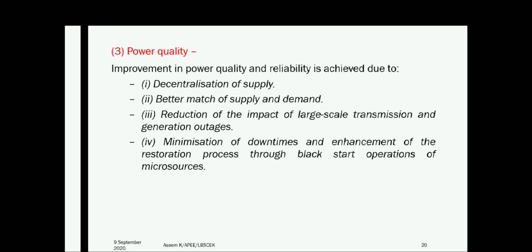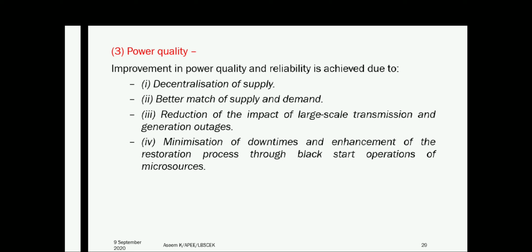Then reduction of the impact of large scale transmission and generation outages. In a conventional power system, there is the possibility of outages or power blackout, but that kind of outage cannot impact the microgrid. Then minimization of downtimes and enhancement of the restoration process through black start operations of microsources.